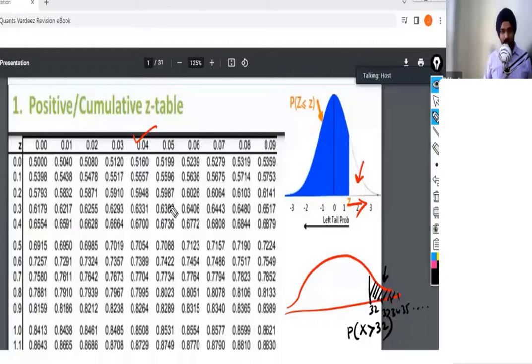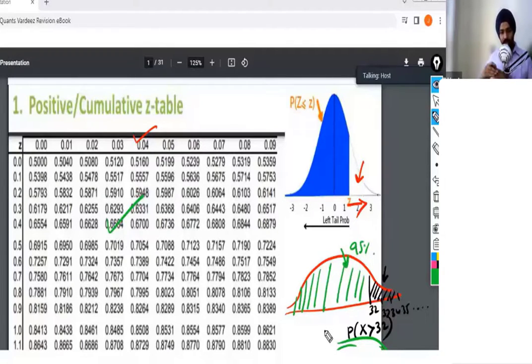But here we have a table which gives me all the probabilities to the left of it, which is less than 32. But do we want to find less than 32? No. I want to find greater. This region I want to find. So from this table, I can find that the probability of less than 32 was 95%.